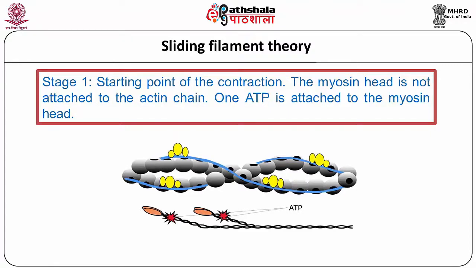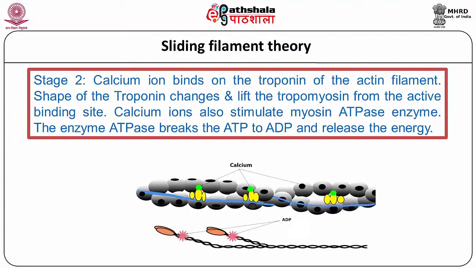It is only 4 stages, the actual contraction process. At the starting point of the contraction, the myosin head is not attached to the actin, it is lying low, and one ATP is attached to the myosin head. In the second stage, the ATP breaks down to ADP and energy, and that energy causes the motion of the myosin head.